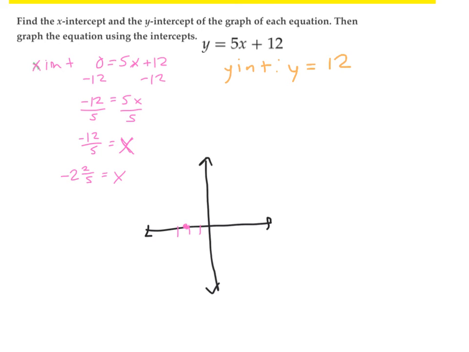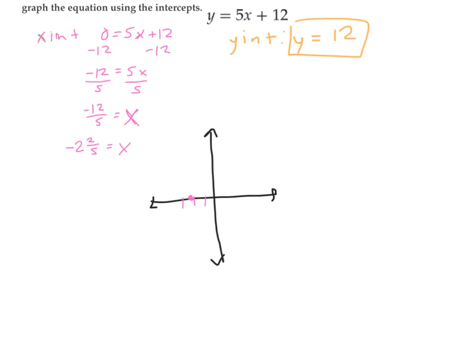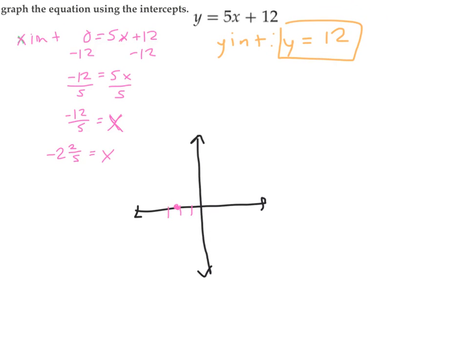So y is equal to 12. We don't even have to do any math here. That's our y-intercept, 12. So since our y-intercept is 12, we go up 12 on our graph. And our graph crosses the y-axis right there.